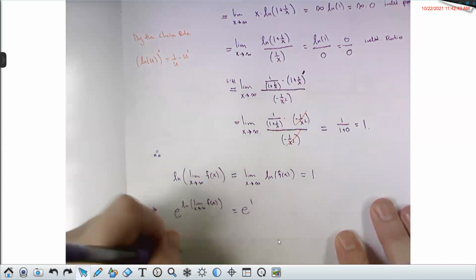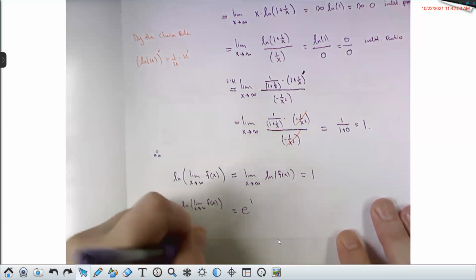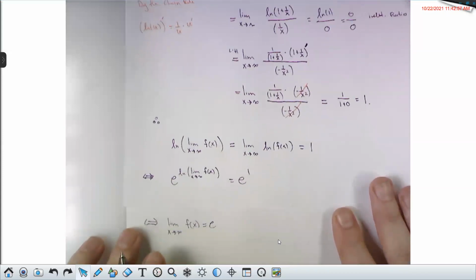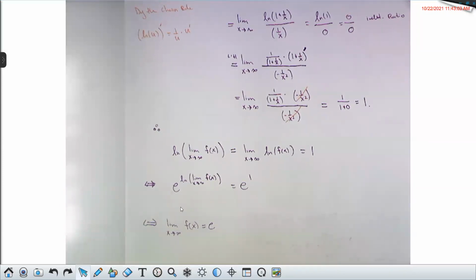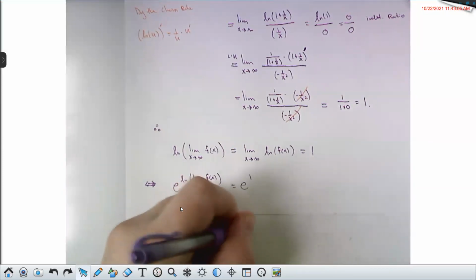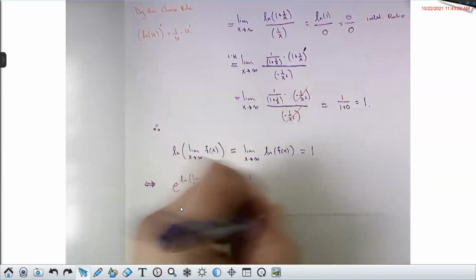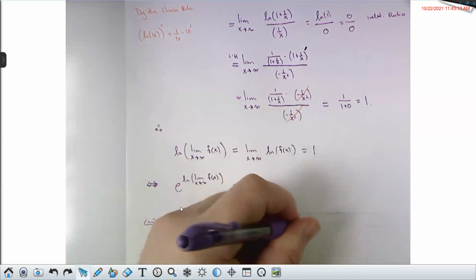So the limit as x goes to infinity of f of x is e. And that's the limit I wanted, right? I.e., as x goes to infinity, 1 plus 1 over x to the x is e.